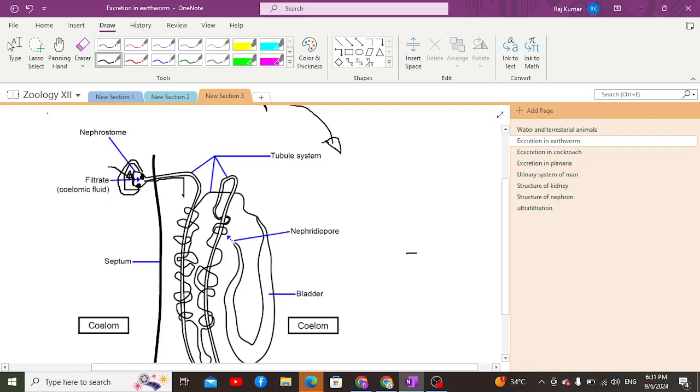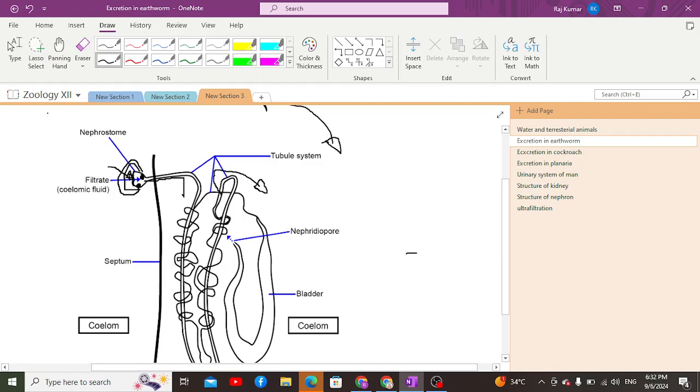As a result, the important materials such as glucose, amino acids, and other such materials are actively absorbed into the bunch of capillaries, while the rest of the material at the end of the tubular system is what we call the final excretive product.